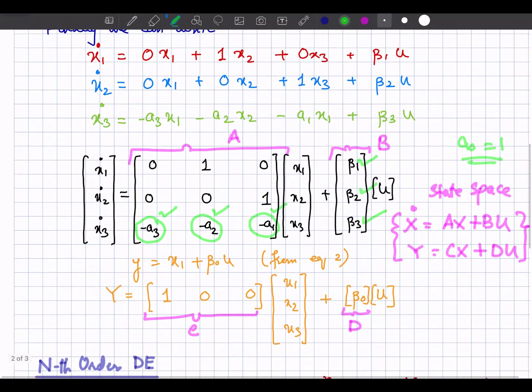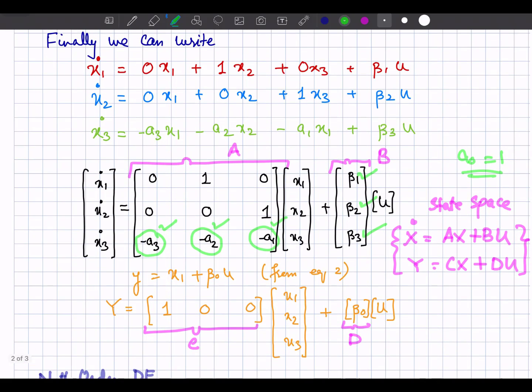So we can represent any system with the help of this set of equations, and an nth order differential equation can be represented in terms of n first order differential equations, right. So here you can say that this is our first order differential equation, second first order differential equation and the third first order differential equation.